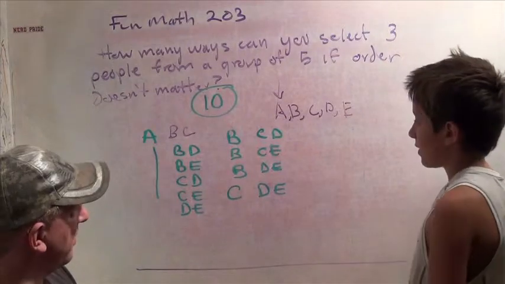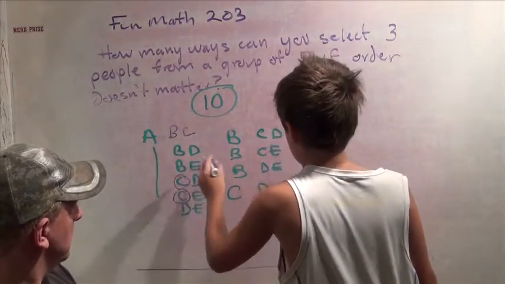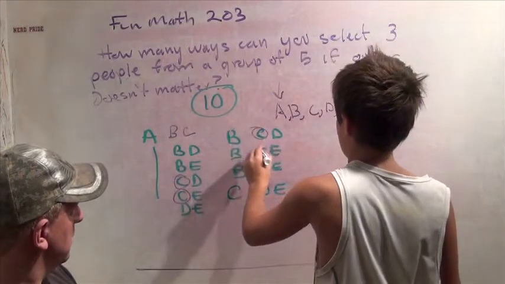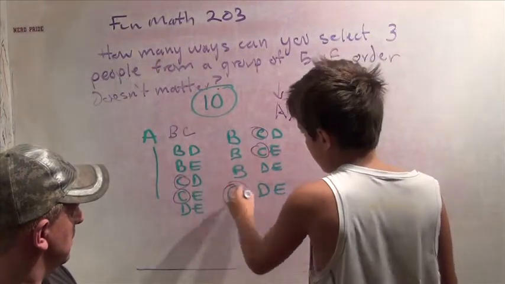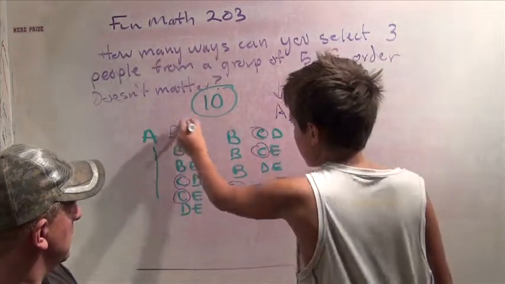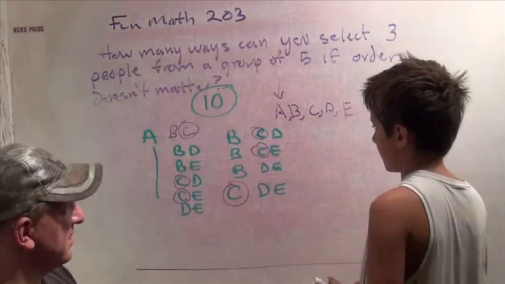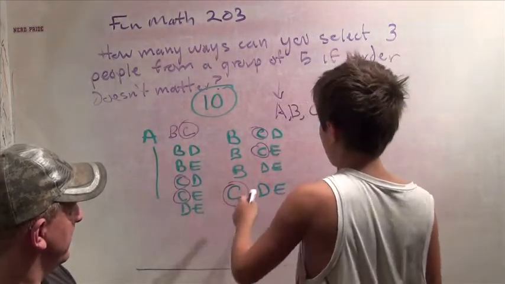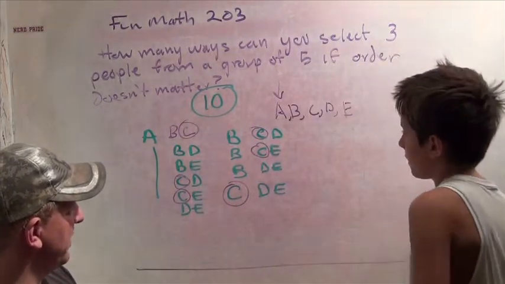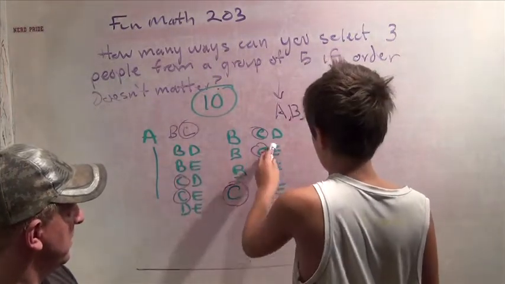See if you can count that. Circle the C's. There's 6 that have C. How many do you think have D? Probably 6. 1, 2, 3, 4, 5, 6. And how many do you think have E? 6.